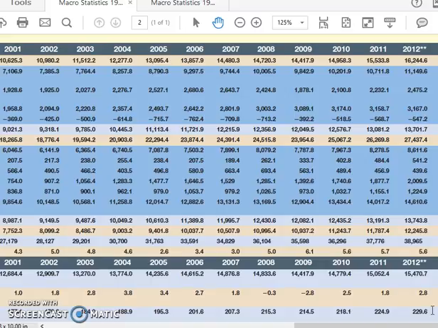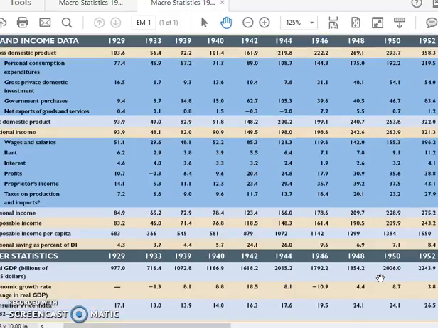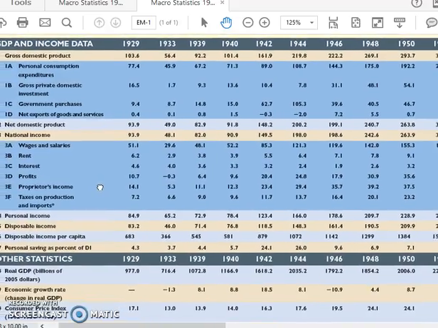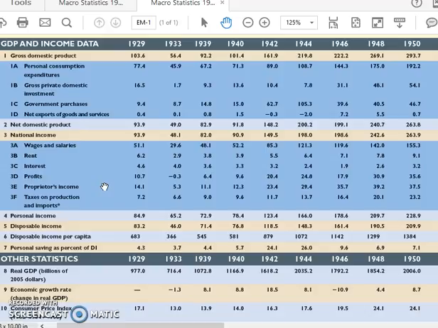Let's take a look at one last statistic here. So let's go back to earlier. Let me slide this over again. I'm going back here to 1929. In 1929, look, the CPI was 17.1. In 1933, the CPI was 13.0. Let's just think about what that means, that 13.0.